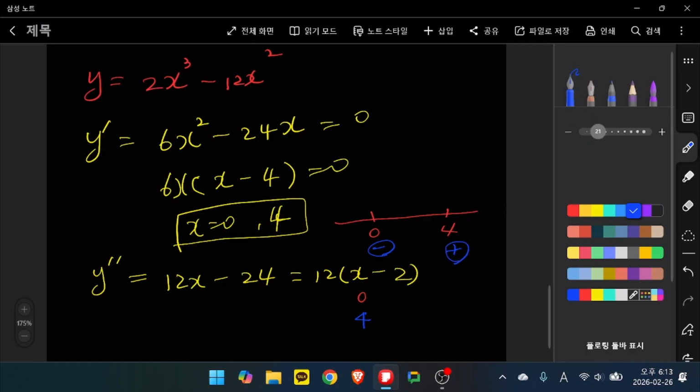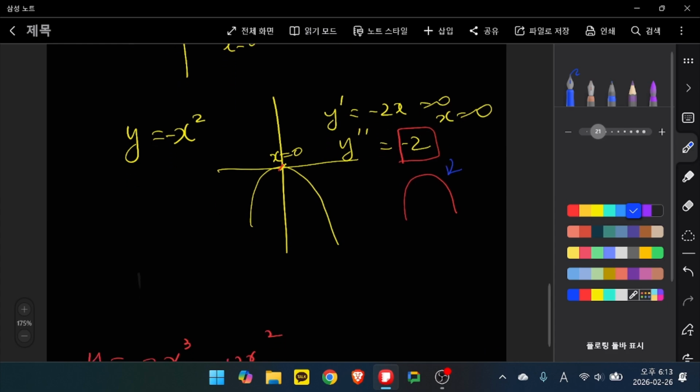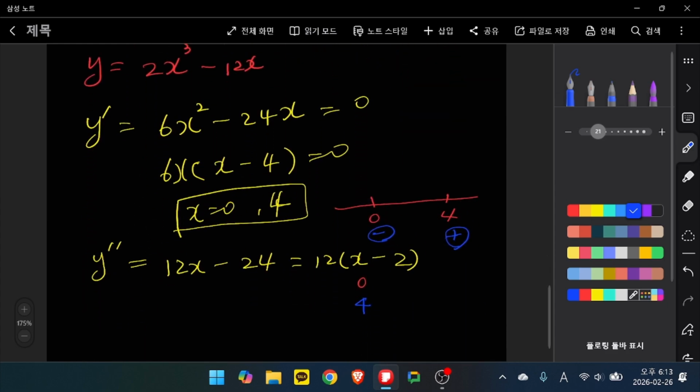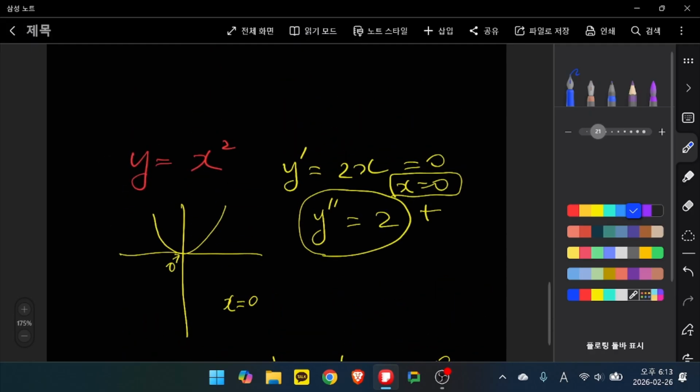If the second derivative is negative, it means concave down. If the second derivative is positive, it means concave up.